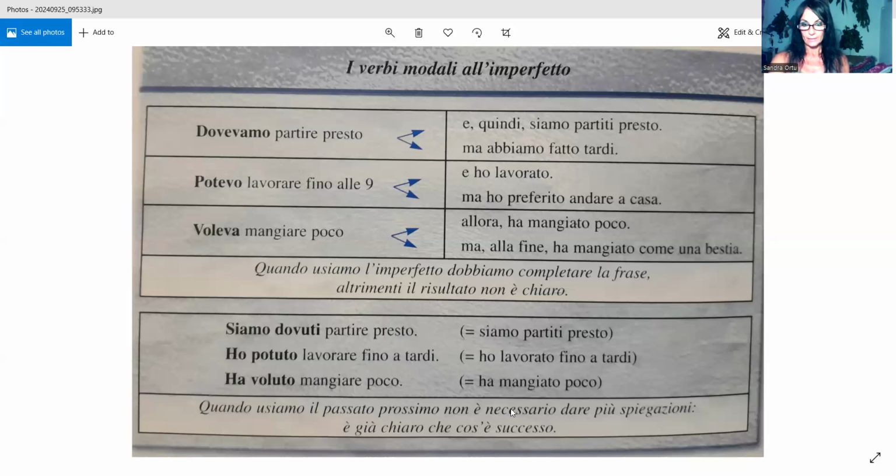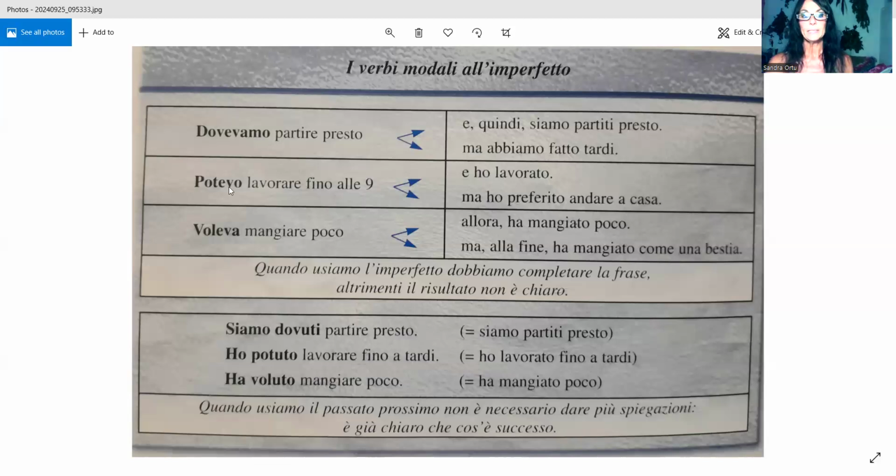So here, "infatti," it says, "quando usiamo il passato prossimo non è necessario dare più spiegazioni. È già chiaro che cosa è successo." So when we use passato prossimo, it is not necessary to give any more explanations. It is already clear what happened.